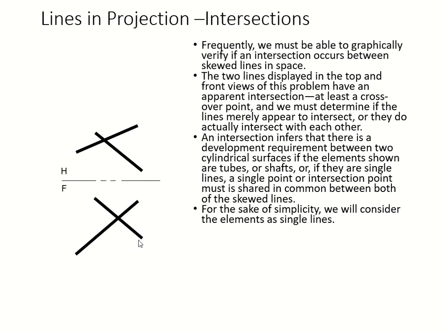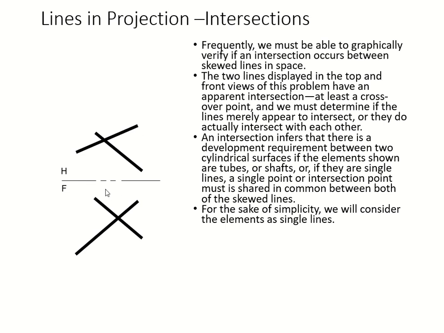As we're dealing with edge views, even if you're seeing a line in a view, that doesn't mean that is the actual line. It could be a single line, a single point, an intersection, things like that, that can trick your mind.